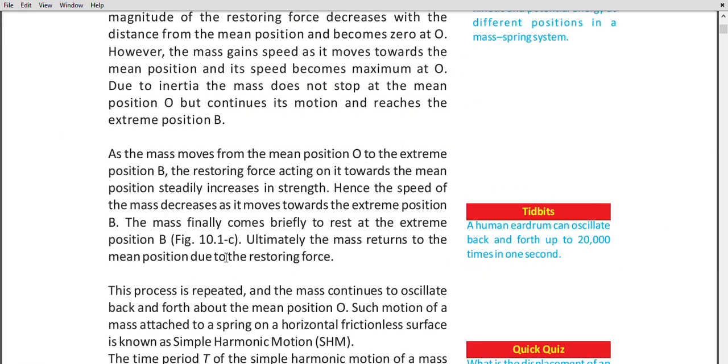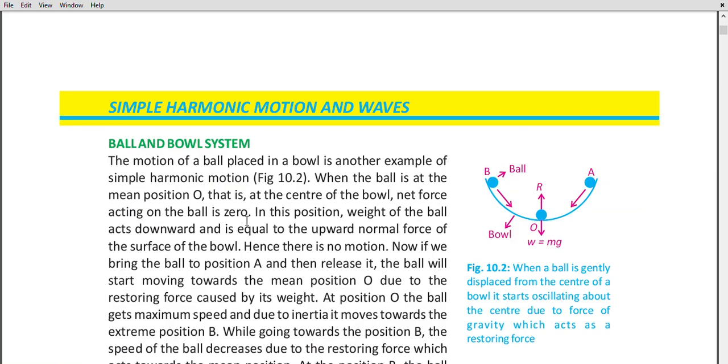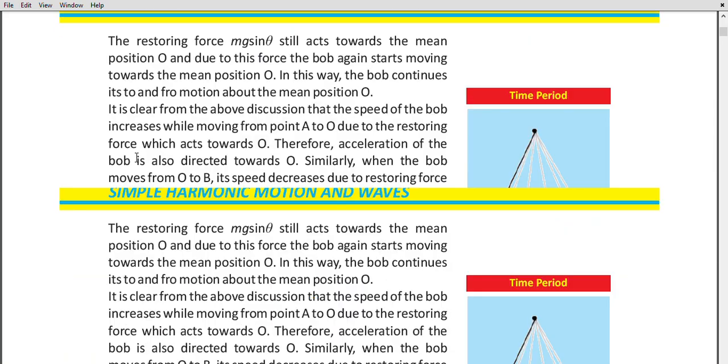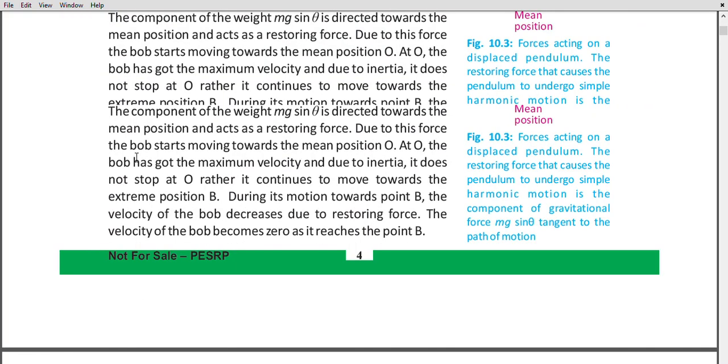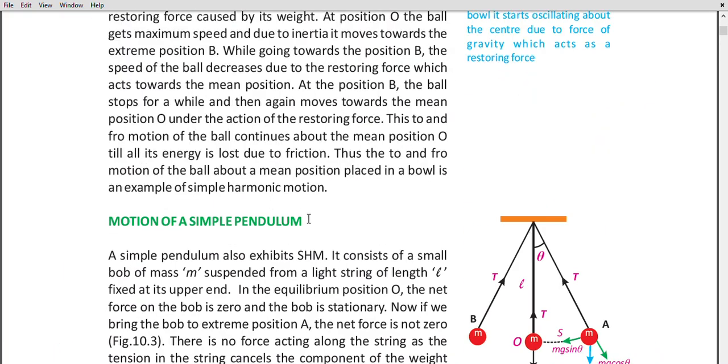The second one is the ball and bowl system, on page number 4. And then on the same page, the simple pendulum. You have to read these three examples of simple harmonic motion by yourself. We'll discuss them in the next lecture.